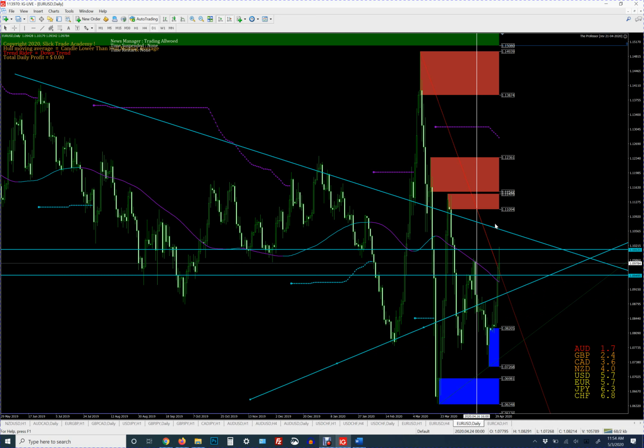Okay, so until we experience a break out of these levels, okay, we could continue to see momentum kind of fulfilling within this triangle, but if we have a break to the upside or downside, then that's going to give us a little bit clearer visual on where price is headed.